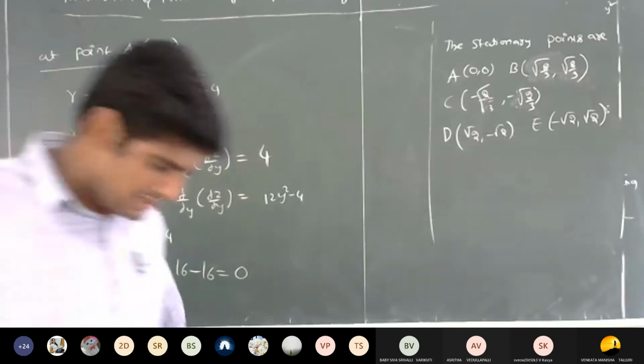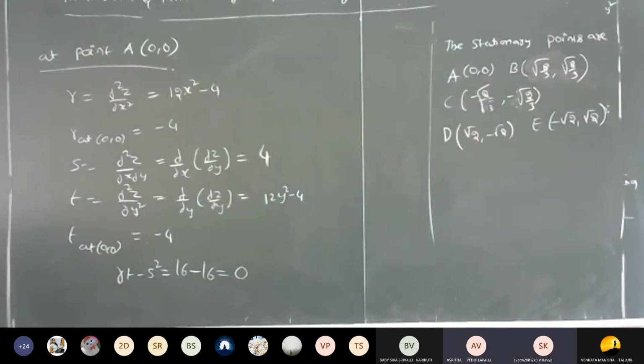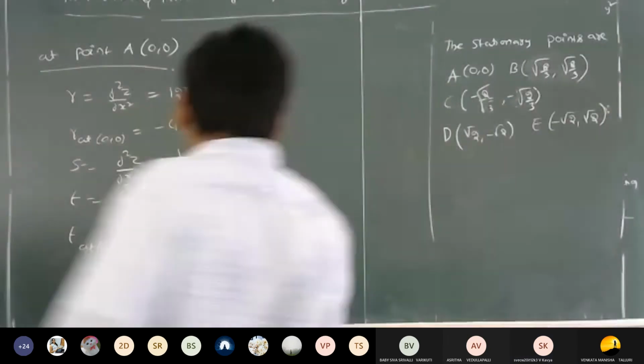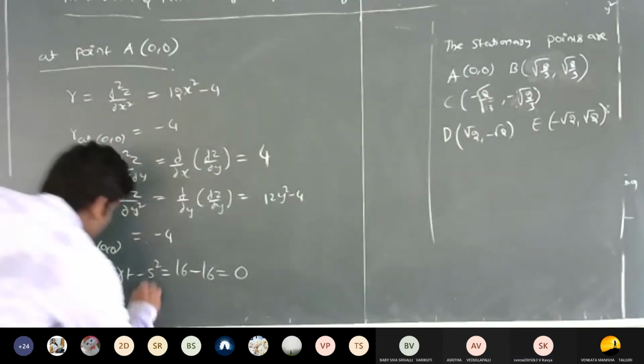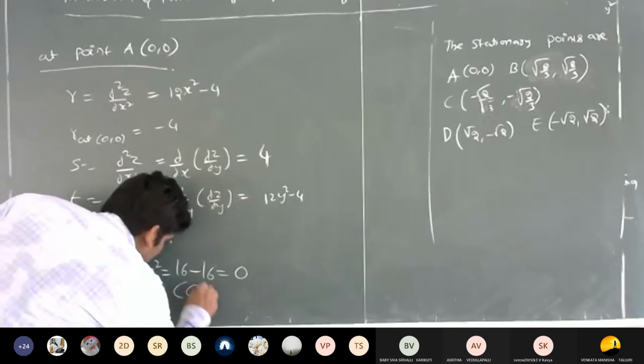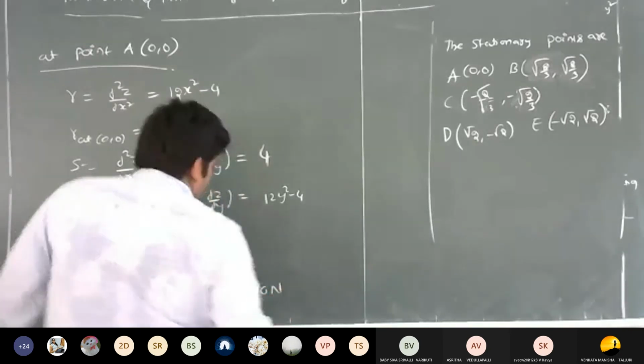So what is the conclusion? Neither maximum nor... no, no, no. It is the fourth case in step 4 of the working rule. What conclusion can be drawn? No conclusion can be drawn, or further investigation is needed.